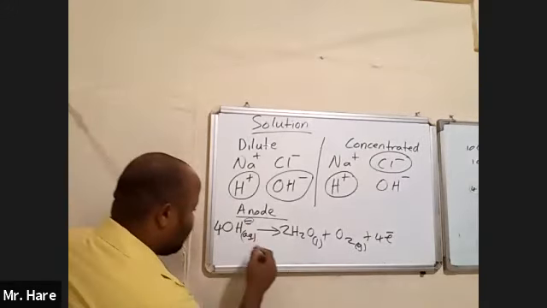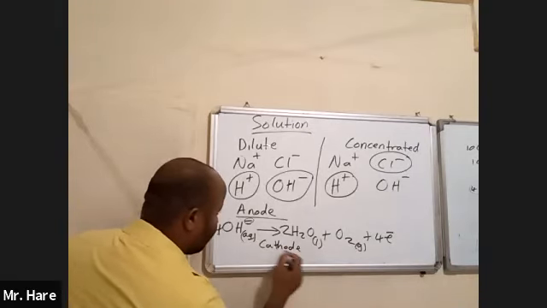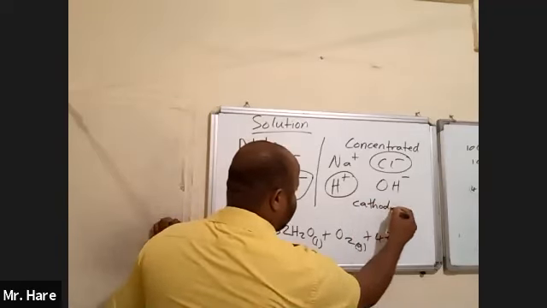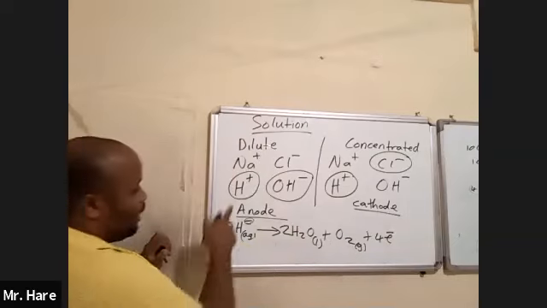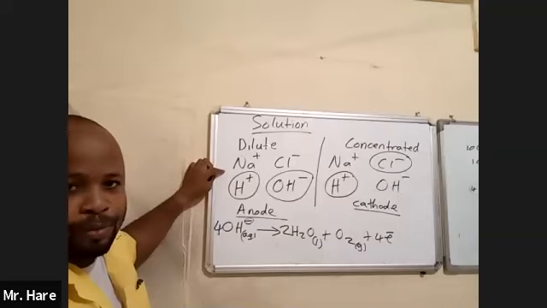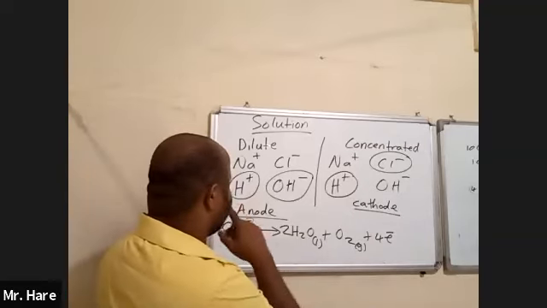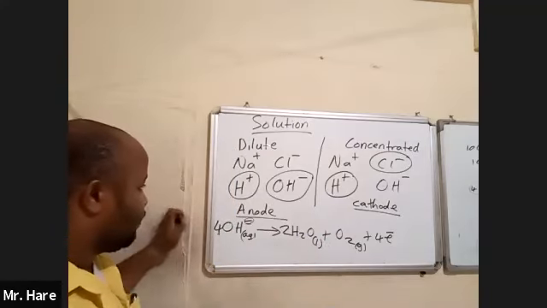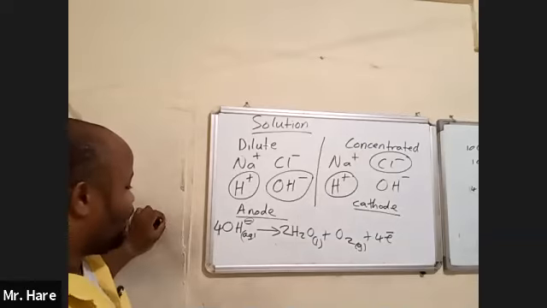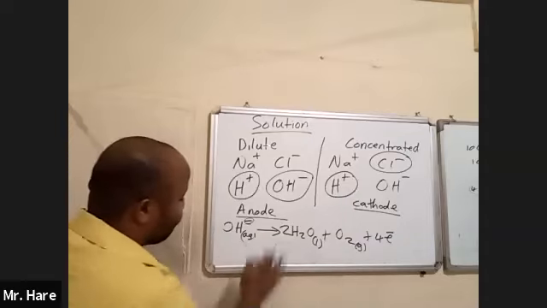But at the cathode, it will be the hydrogen ion because it is below sodium in the electrochemical series. When you balance it, you will get 4. Let me just do it quickly.